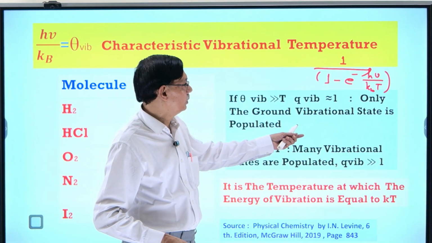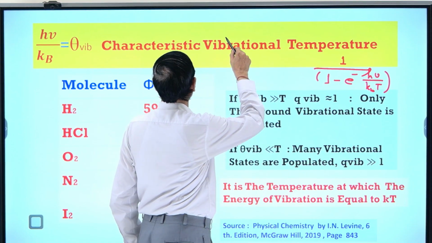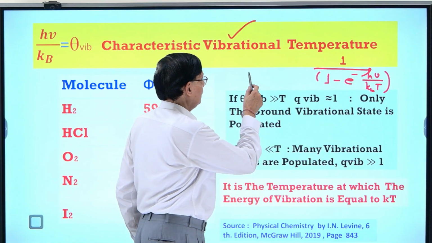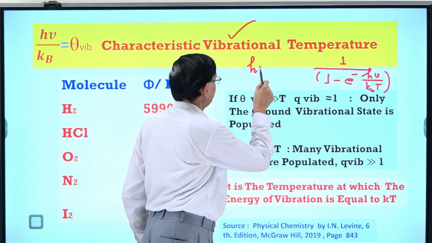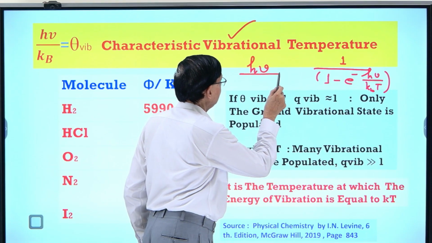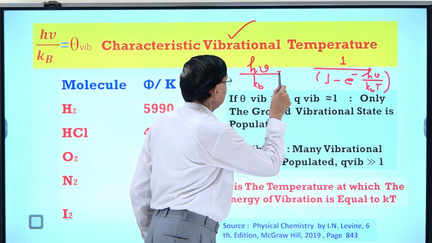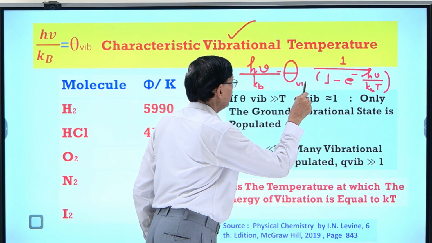Similarly, here is also one important parameter called the characteristic vibrational temperature, which I can write as Planck constant times vibrational frequency divided by Boltzmann constant, denoted as theta vibrational.